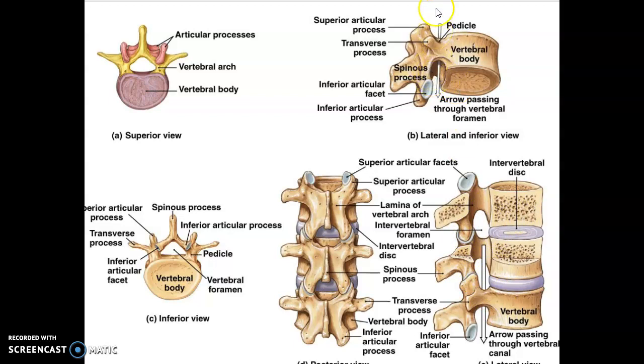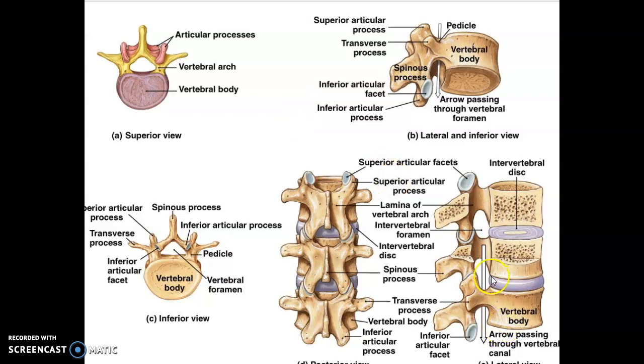So whereas this hole is where the spinal cord's running through, on the sides where these overlap, they form what's called intervertebral foramina. Inter means between. So these holes that are between vertebrae, because they're overlapping, this is actually where the spinal nerves would come out of the spinal cord. The spinal cord's running this way, but a spinal nerve would come out this way, this way, this way.